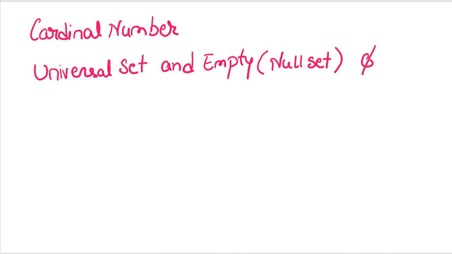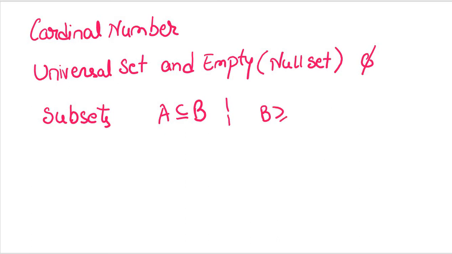Afterwards, we looked into subsets, that what basically these subsets are and how to represent it. If it is in the format of this, then this A is nothing but a subset of B, and you can represent it like this.